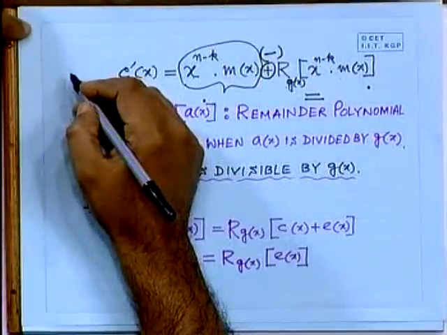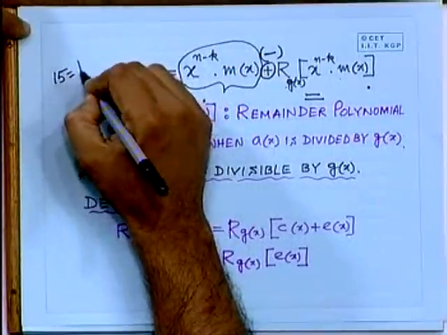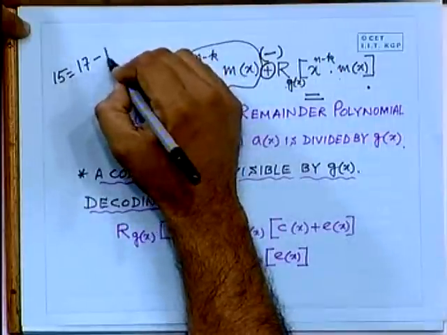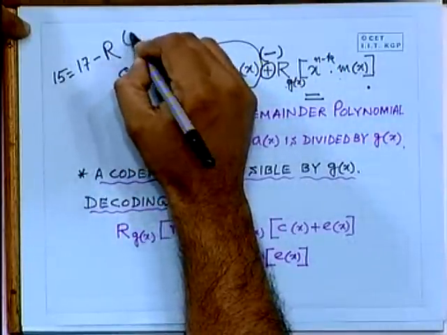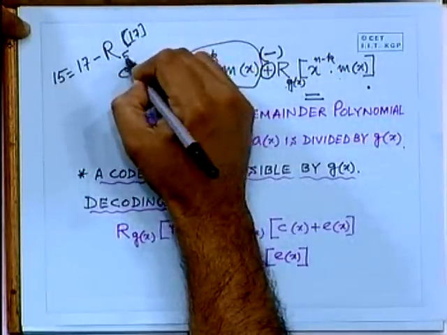It is something like, numerically, I am writing 15 as 17 minus the remainder of 17 when divided by 5.